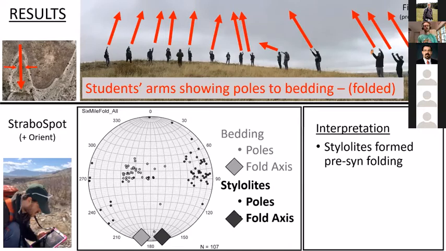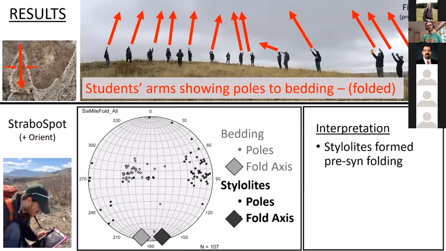So we plotted this on a Stereonet. The poles to bedding are in light gray circles, and the poles to stylolite foliations are in black circles. We're able to get fold axes from both of these. What we can see is a moderately south plunging fold axis from the bedding, and a fairly similarly oriented, moderately south plunging fold axis for the stylolites.